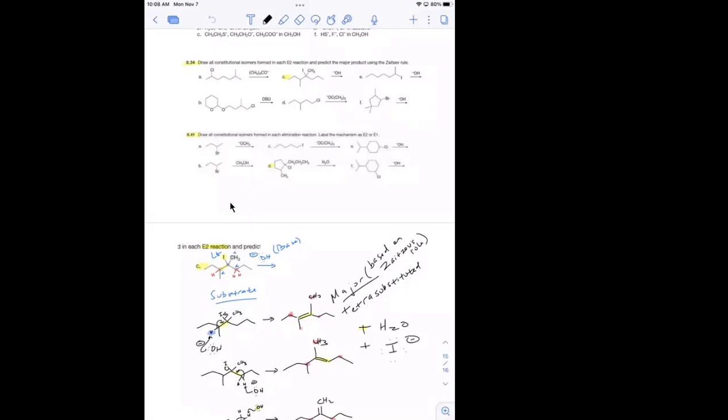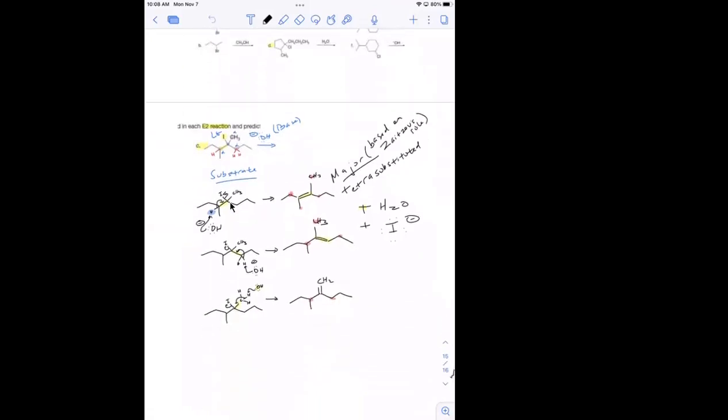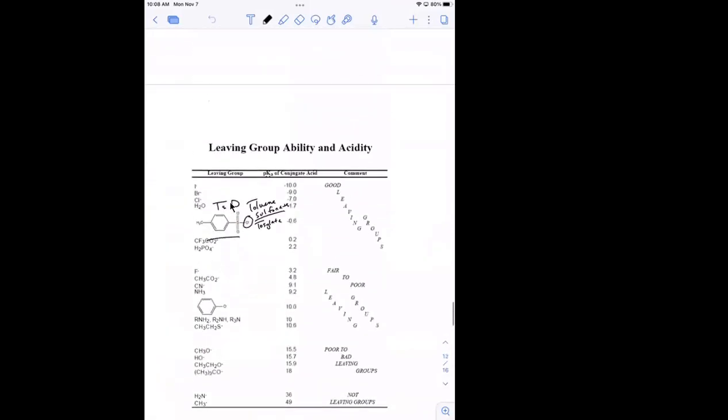So we're going to start out with the E2. Last time we talked about E2, we talked about the mechanism, and also we talked about the rate law, if I'm not mistaken.